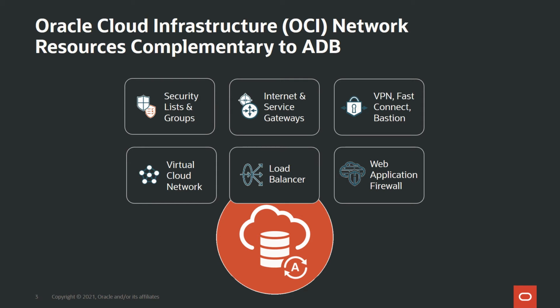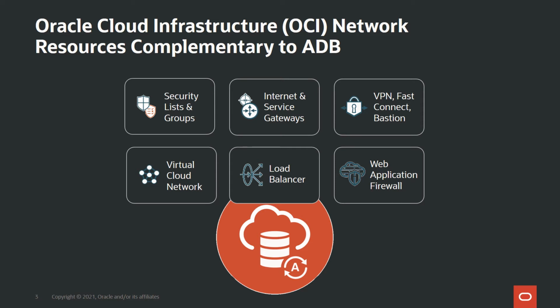Now I want to take a moment and talk a little bit about some of the complementary OCI network technologies. Autonomous Database lives in OCI, and these things are available to extend and enhance your Autonomous Database with added capabilities. So in fact, if you remember nothing else from this presentation, remember that if there's something you're looking for from the web technology in Autonomous Database that's not there at present, it's quite possible you can build it by using these building blocks in OCI.